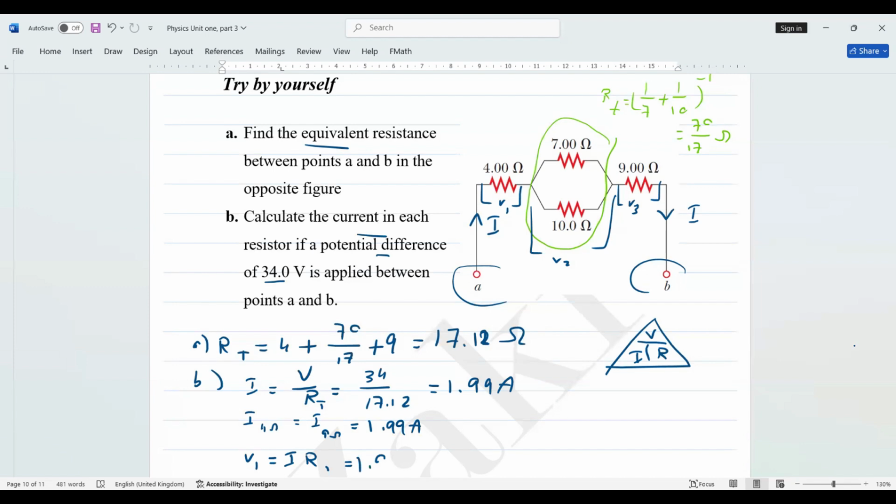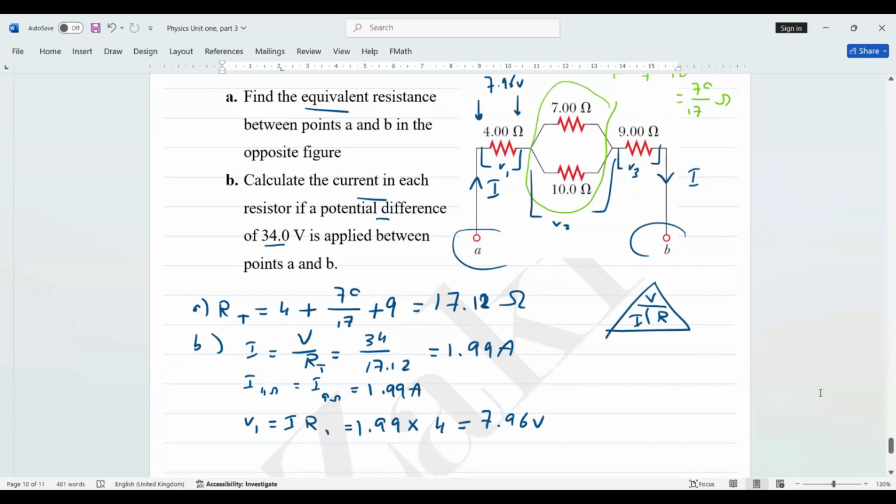So 1.99 multiply by 4. So the voltage is 7.96 volt. This is V1. So the voltage in this 4 ohm is 7.96 volt.